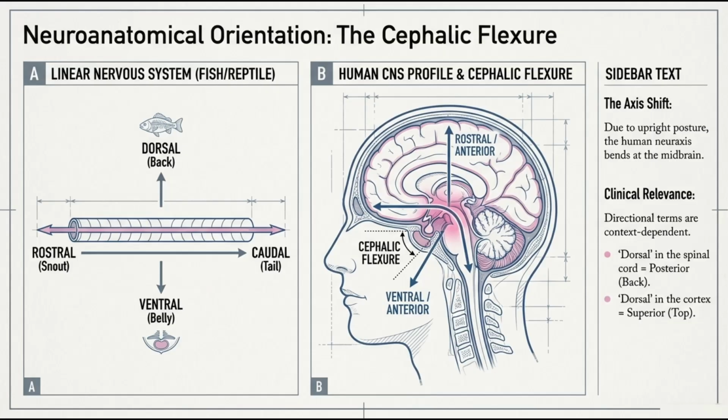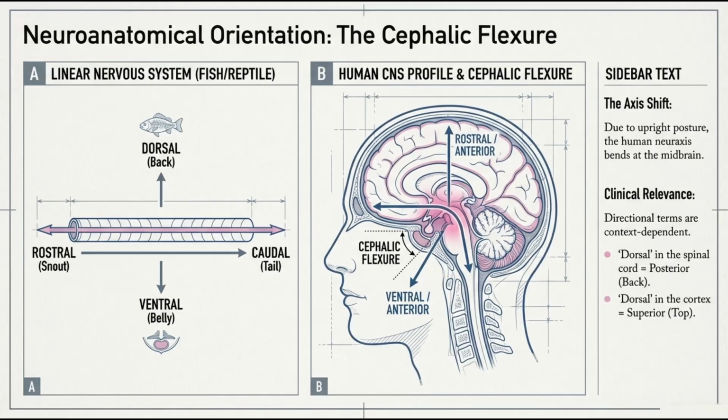In the forebrain, that cut goes neatly from dorsal to ventral. But if you keep that same cutting plane going down through the brainstem, because the brainstem is now vertical, you're actually cutting it in a sort of oblique cross-section. So you have to mentally rotate your map as you scroll down through the MRI slices. You do. You have to constantly navigate that bend. That cephalic flexure is the anchor point for all 3D navigation in the human head. You have to master it.